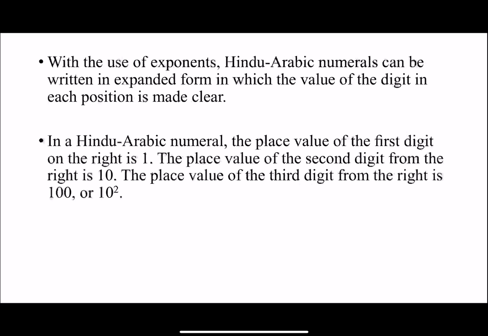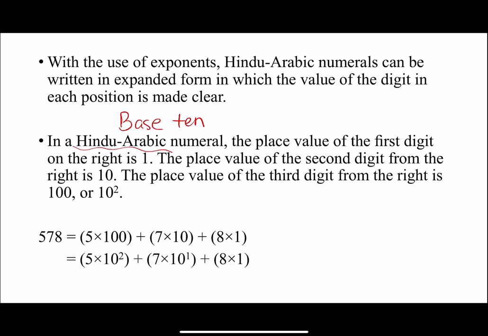With the use of exponents, we can expand any number in Hindu Arabic based on powers of 10, because Hindu Arabic, as we said, is base 10. Any number that I give you, you can expand based on the powers of 10.